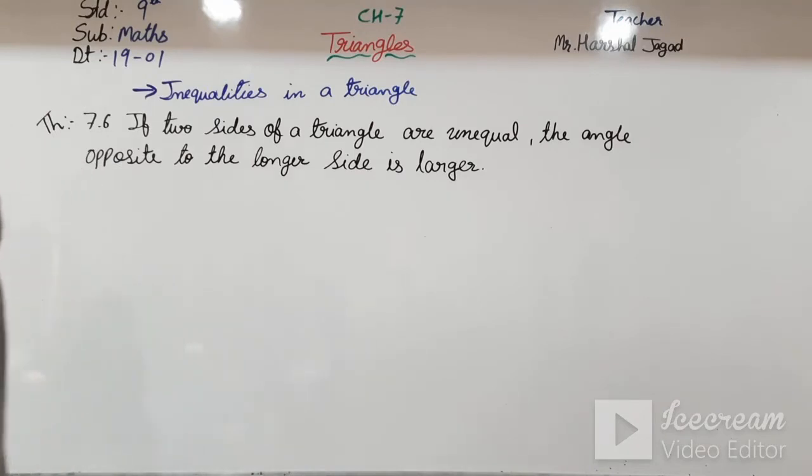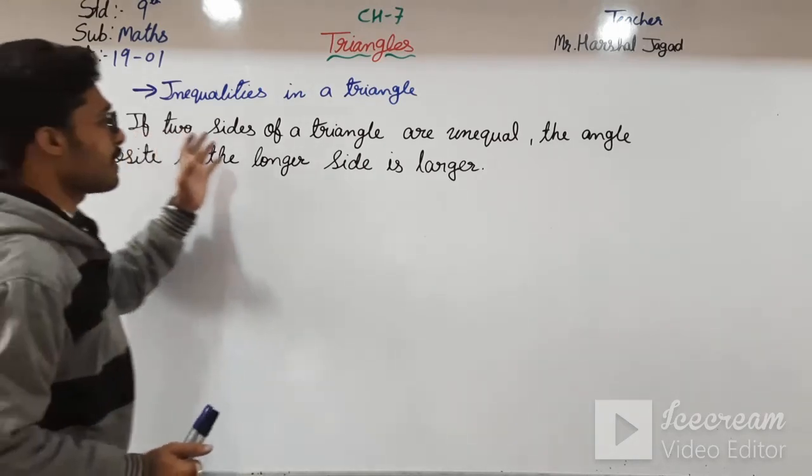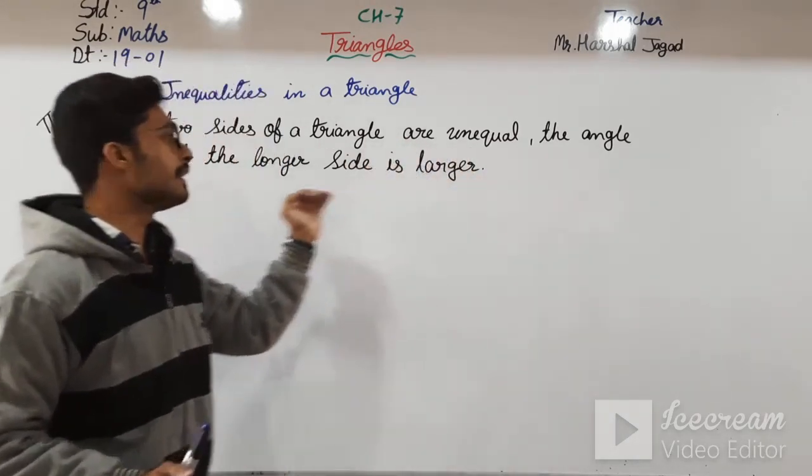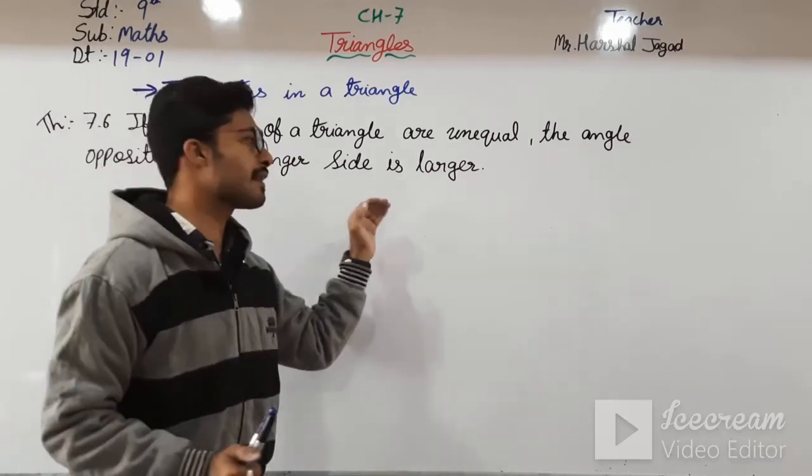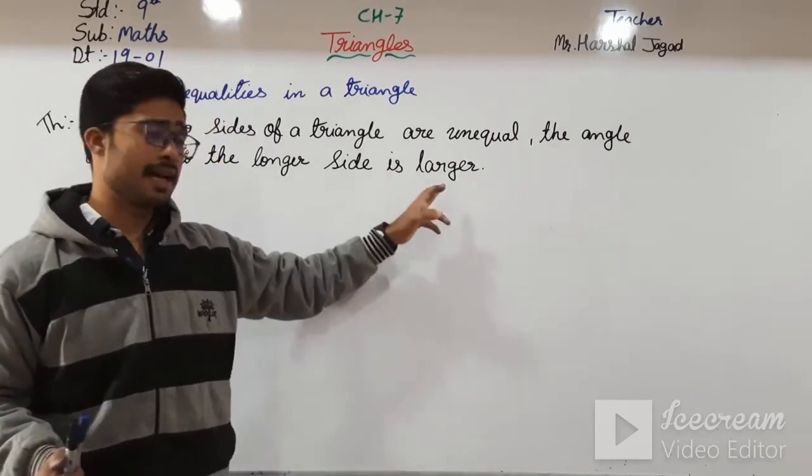Larger or greater, it is given here. So first of all, if two sides of a triangle are unequal, the angle opposite to the larger side is larger.